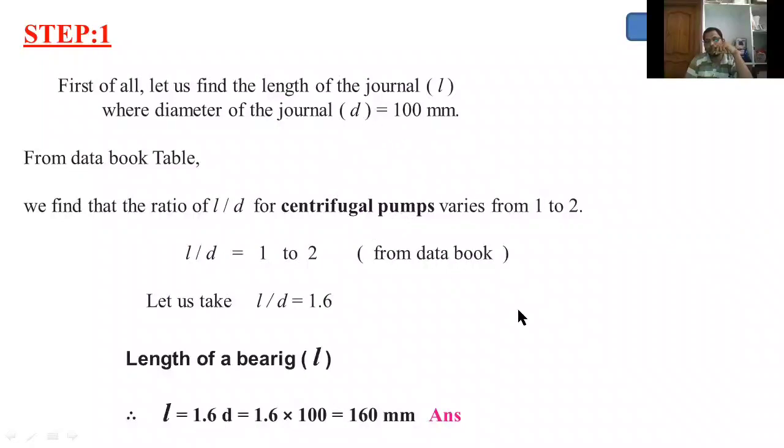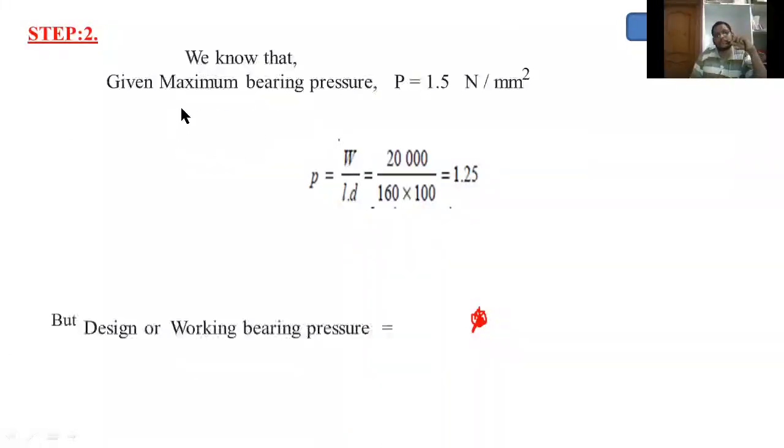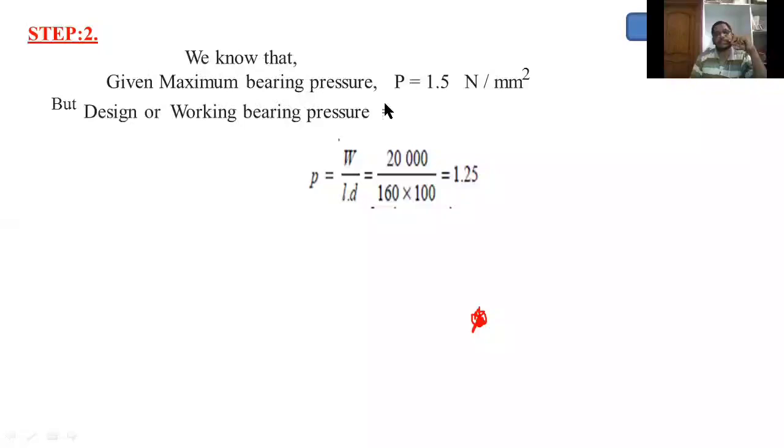Okay. In second step, you have to find the value of bearing pressure. In given data, already the value of bearing pressure is given, but you have to check with the values. In given data the bearing pressure is given, that is P equal to 1.5.